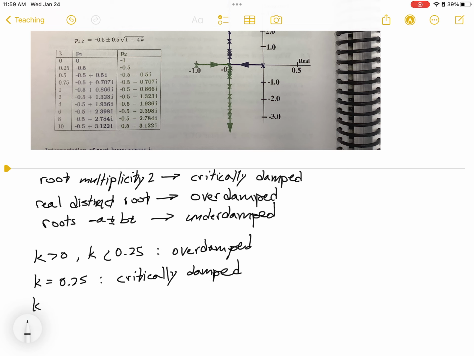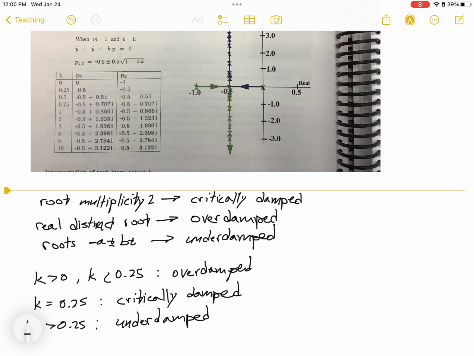And if k is greater than 0.25, then this system is underdamped, and you'll see some oscillation. And that's what imaginary roots mean, is oscillation. If you see any imaginary component, then you're going to have some oscillations.